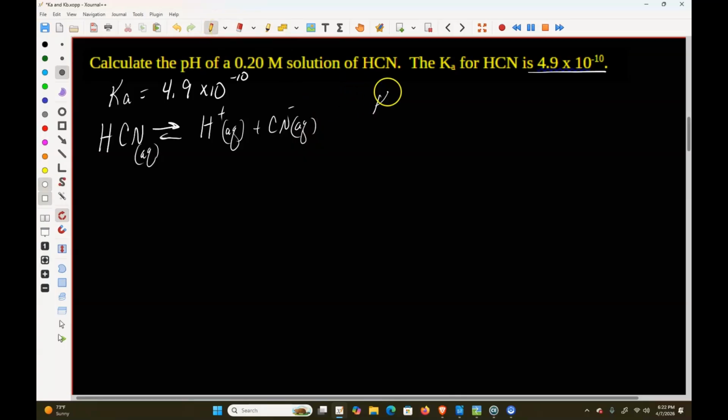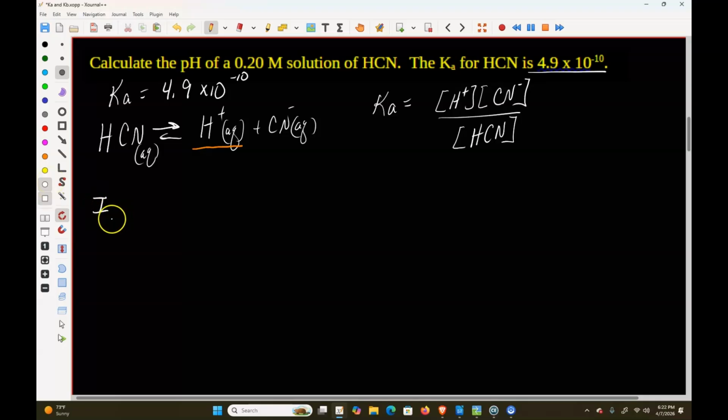So I know that the Ka is going to equal the concentration of the H plus times the cyanide concentration over the acid. Okay, we're looking for the pH. So to find the pH, we must solve for the H plus concentration.